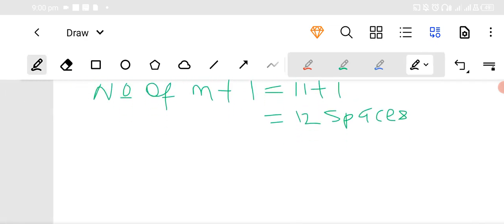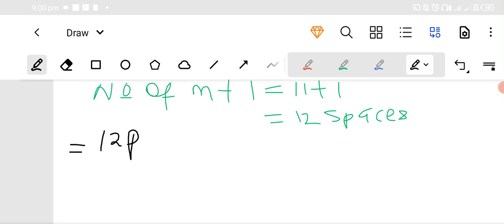Okay, so it will simply be equal to, we have how many spaces? 12. P means permutate, which is just arrangement where the order matters.